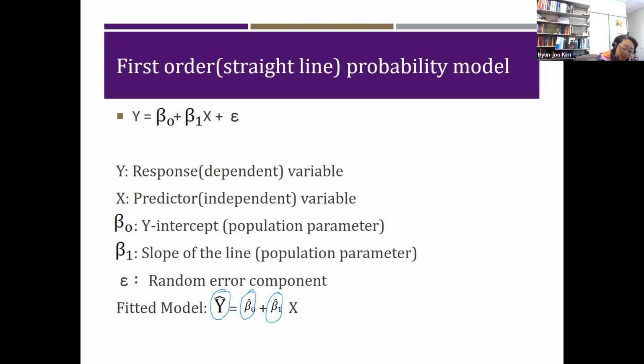So for the fitted model, this is the notation we're going to use: y hat is equal to beta naught hat plus beta 1 hat x. Anything with a hat is just a guess of what is under the hat. So again, beta 1 hat is a guess of beta 1, beta naught hat is a guess of beta naught, and y hat is a guess, or estimate, of y.